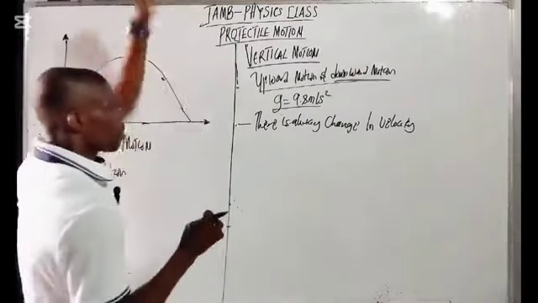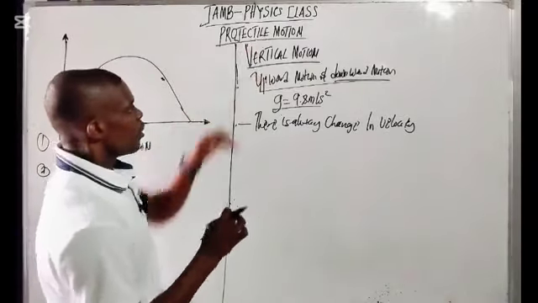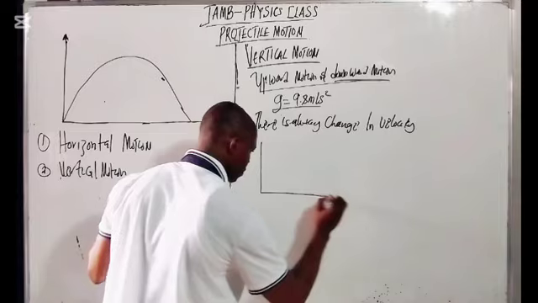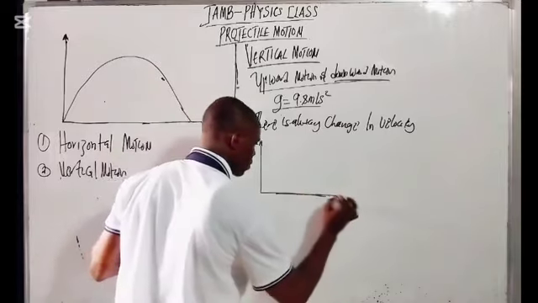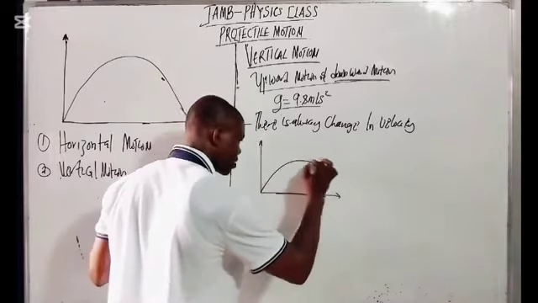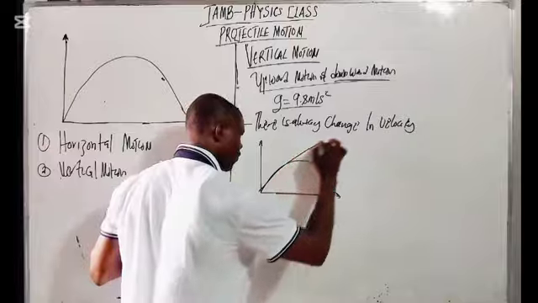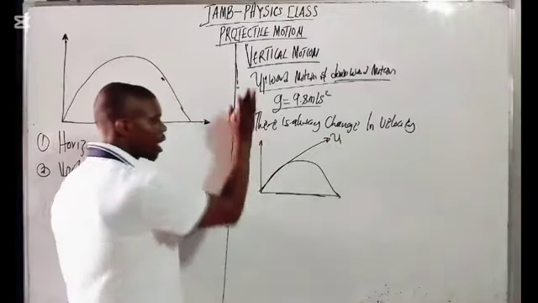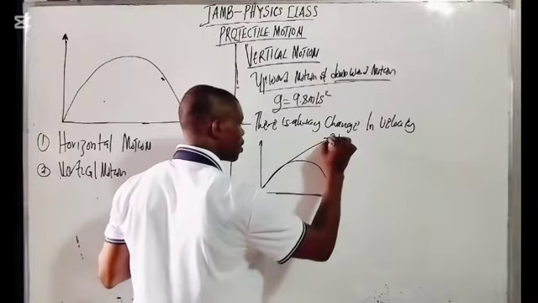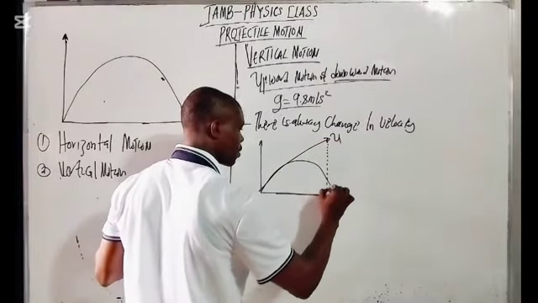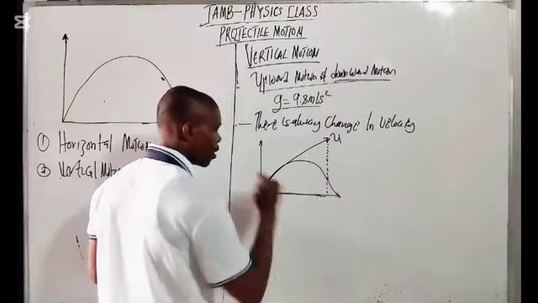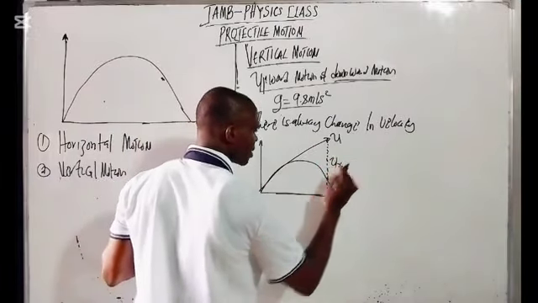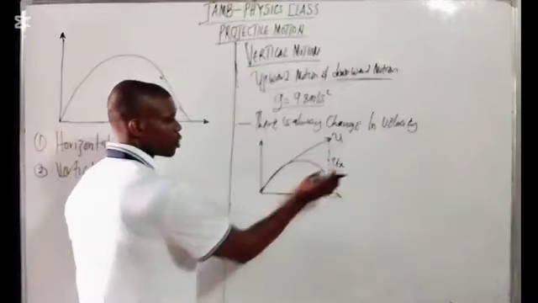So now, if you check this here, when you project like this, it's okay. Because we are talking about the vertical component here, we're going to have u_x.